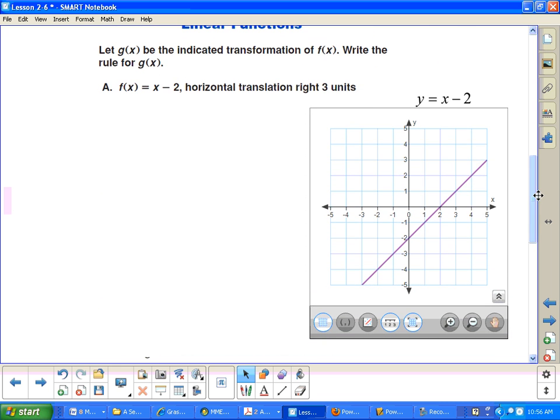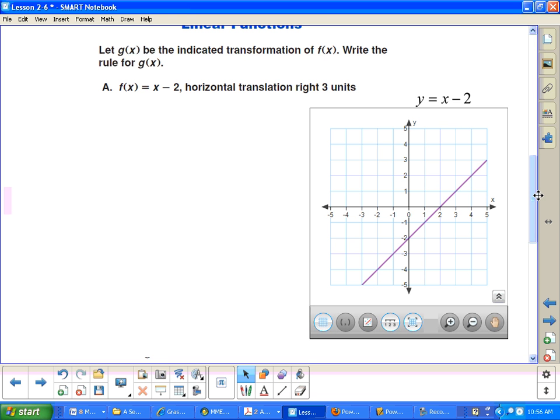All right, so here we're going to transform the rule x minus 2, and we're going to move it 3 units to the right. And then we're going to find the new rule. Since it's moved 3 units to the right, that means it's affecting the x.